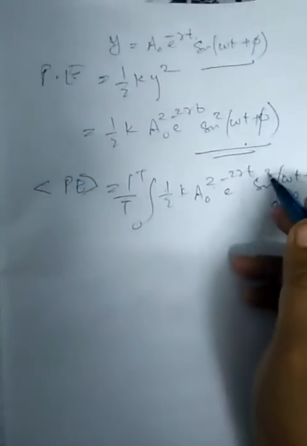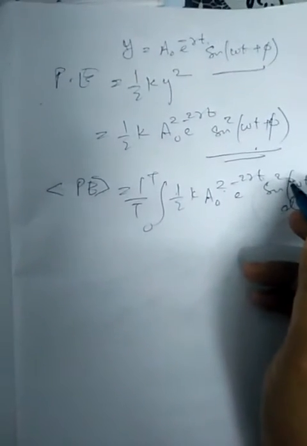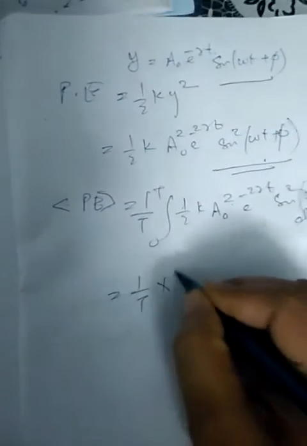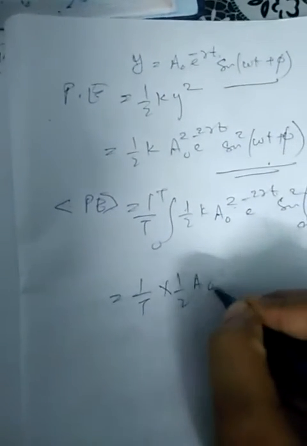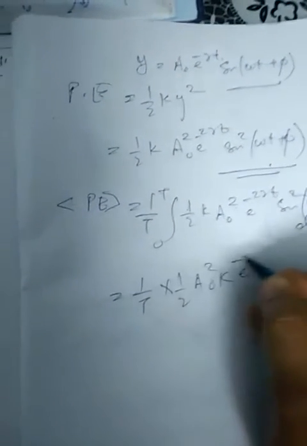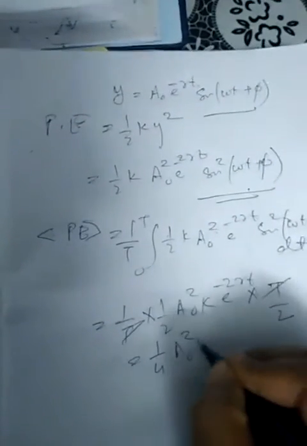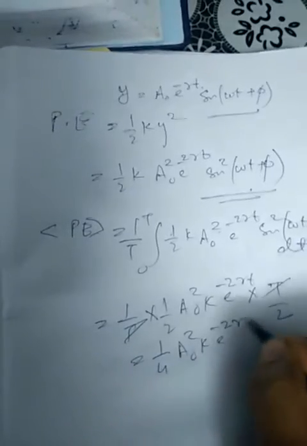Again you have the value of sine square, which will come out to be T by 2. So half of a naught square k e raised to minus 2 gamma t, with the sine square integral giving T by 2, gives 1 by 4 a naught square k e raised to minus 2 gamma t.